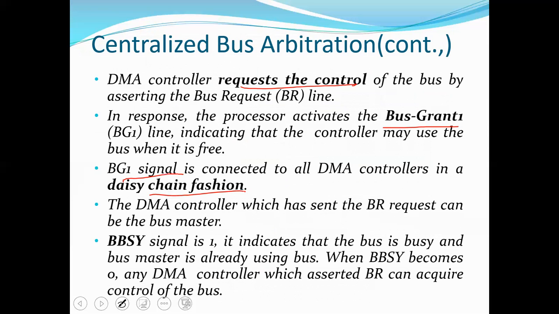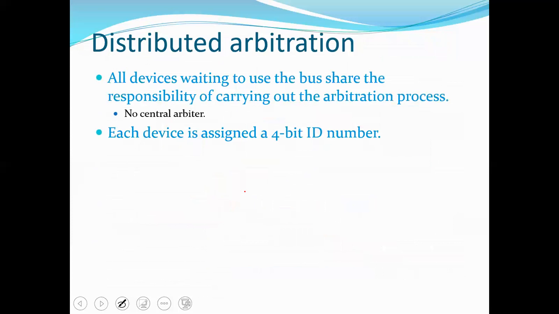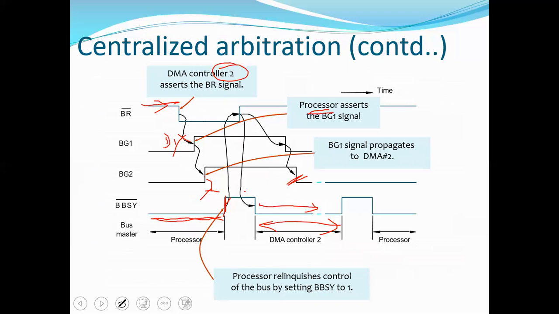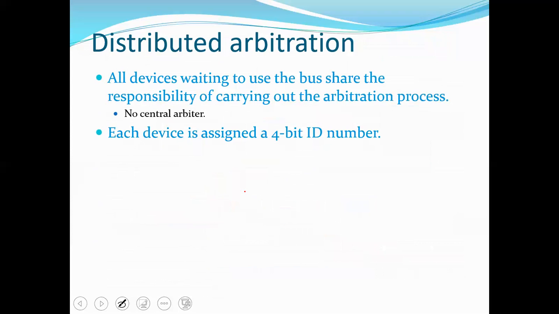Okay, so if the busy signal is 1, it indicates that the bus is busy, and the requester has to wait. Okay, so this is centralized bus arbitration. Next, we'll see the distributed arbitration.